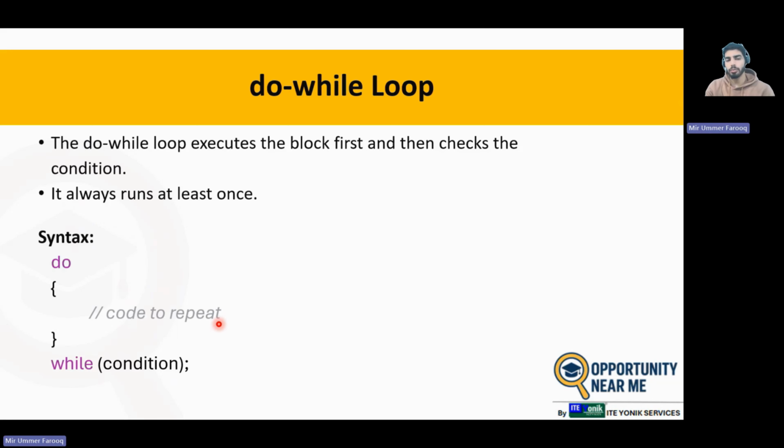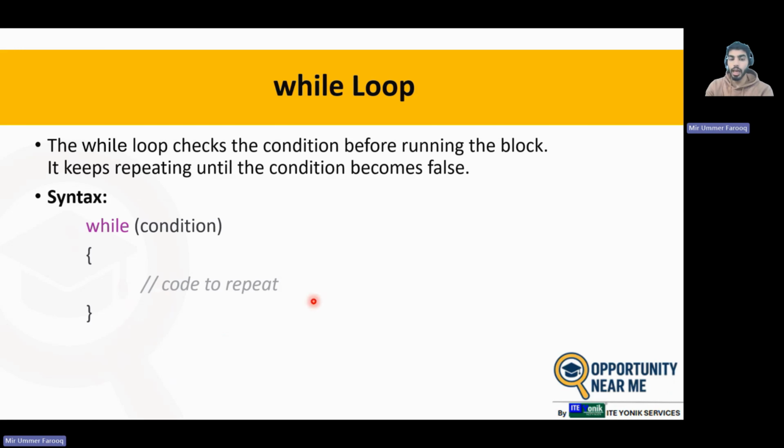And then we have the do while loop. Do while loop is a little bit tricky. It's just like while loop, but in while loop what can happen? Let's say you are checking a variable i, you are taking the value from the user, and you want to check if i is less than 5, only then this loop should run. What if the user for the first time passes 6? Obviously 6 is not less than 5, so this code will never run.